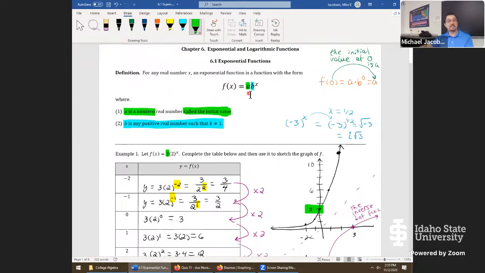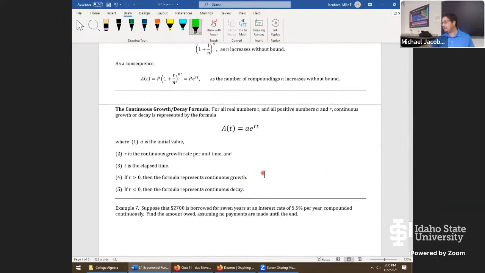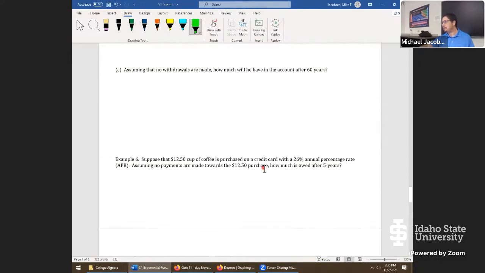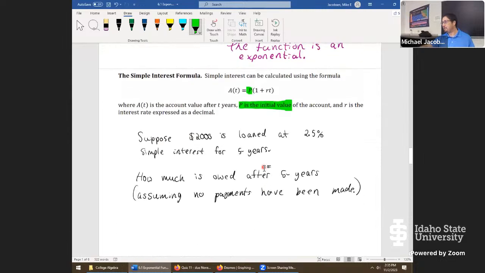In fact, our functions are going to start looking like this when we're thinking about interest. P is the initial value, and that's what this 2,000 would be in this really fast problem we're writing down. 2,000 is the initial amount that was borrowed.